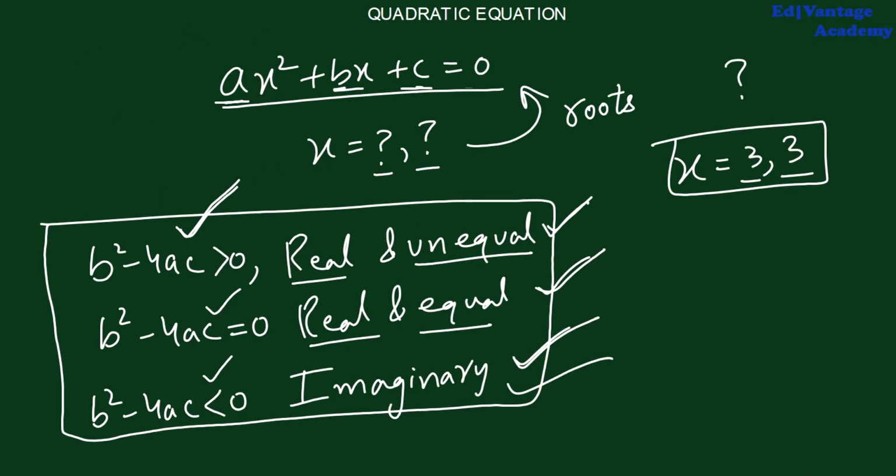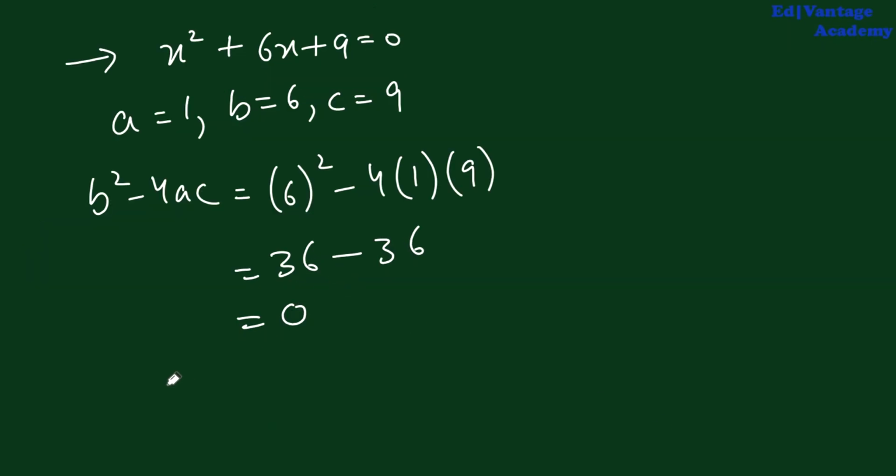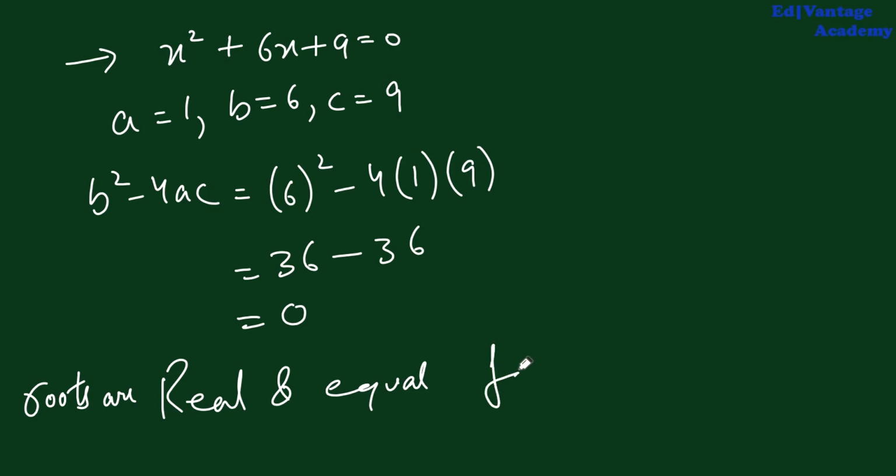If you see what is the nature of roots, did we get b square minus 4ac greater than 0? No. Did we get b square minus 4ac equal to 0? Yes. That means nature of roots will be real and equal. So roots are real and equal for the given quadratic equation.